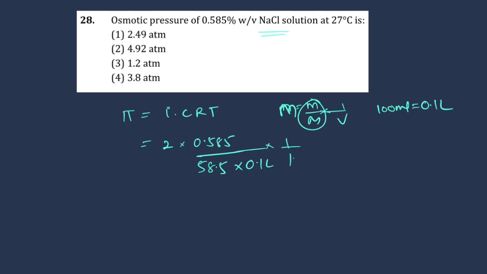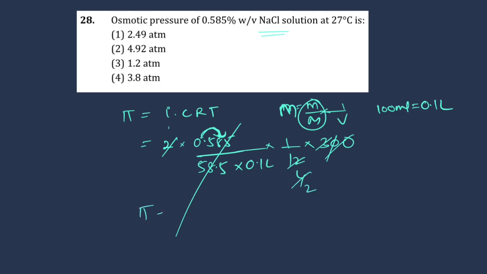R value is 1 by 12, which we solved in the previous question, and the temperature 300 they mentioned here. So now the point shifted to here, then 58.5 and into 10 power minus 2. These two zeros cancel for 10 power minus 2, because when you shift the point here it is 10 power minus 2, therefore these two zeros cancel. 58.5 cancels. Then 3 4s are 12. Then 2 1s are 2, 2 2s are.